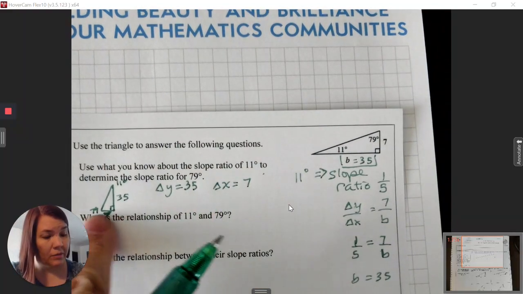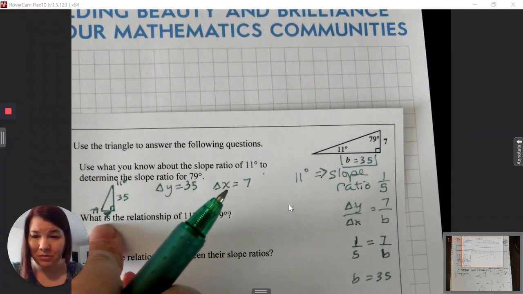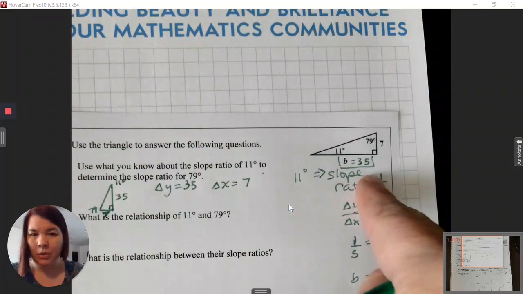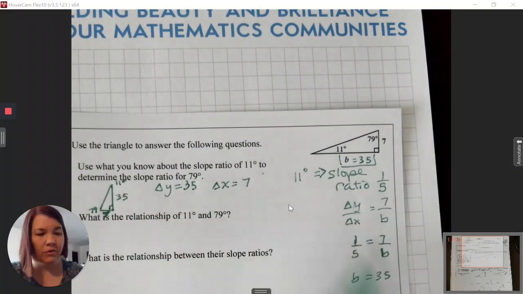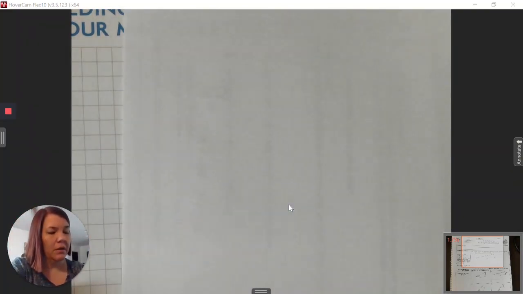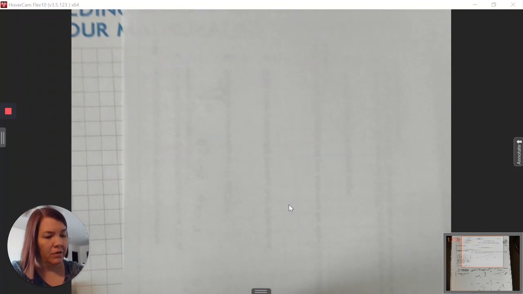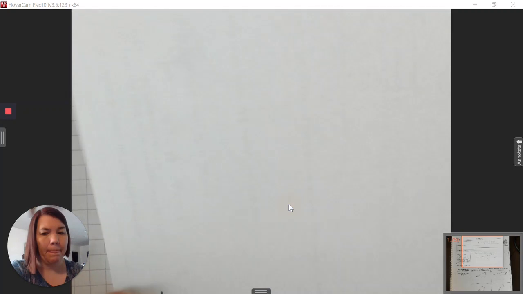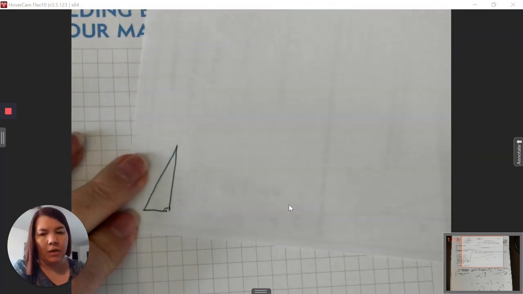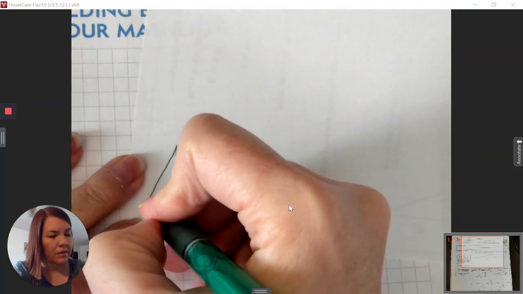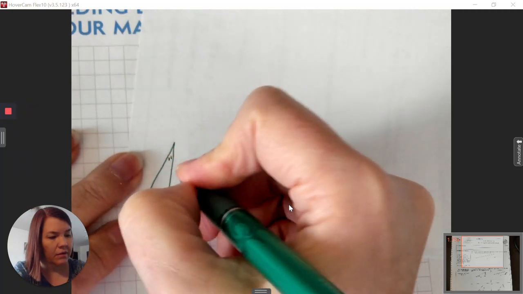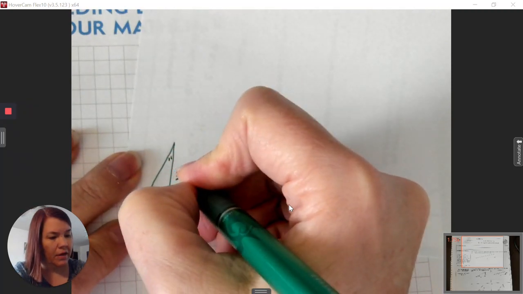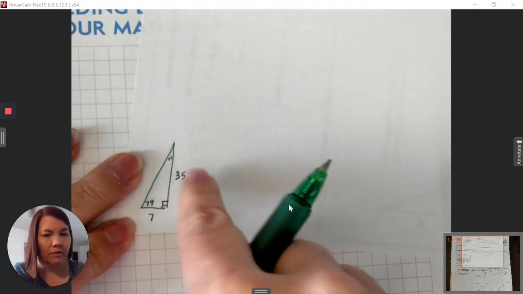So if you look at it this way, I have flipped and turned. I have flipped, which I can't do on my paper, but I flipped and turned, and I have this triangle. I don't know if you can really see through my paper, and I was able to see through the paper and redraw it. This is 79, this is 11, this is 35, and this is 7. So 7 over 35.